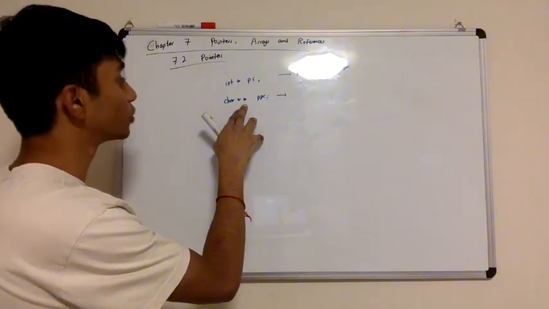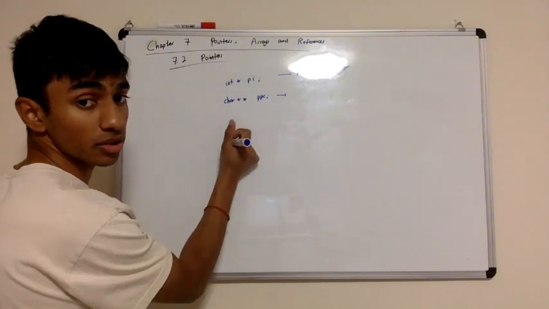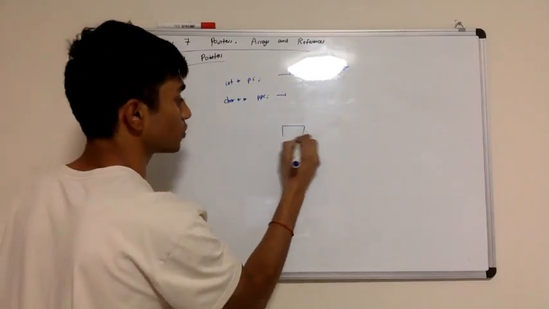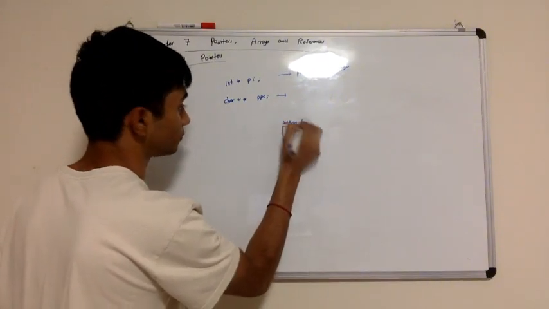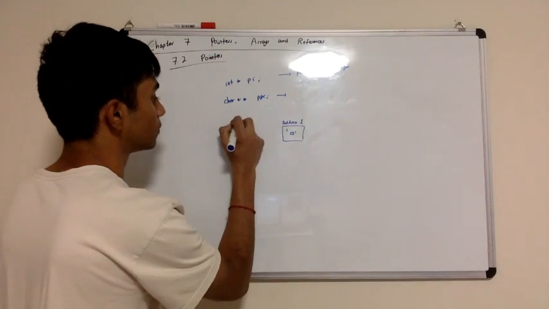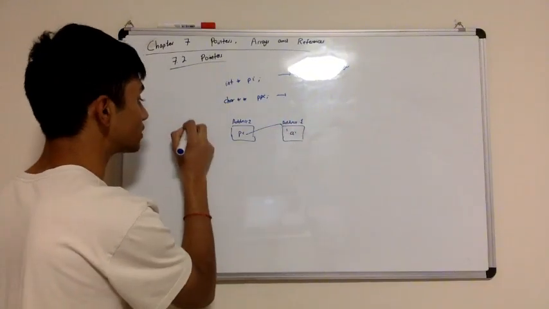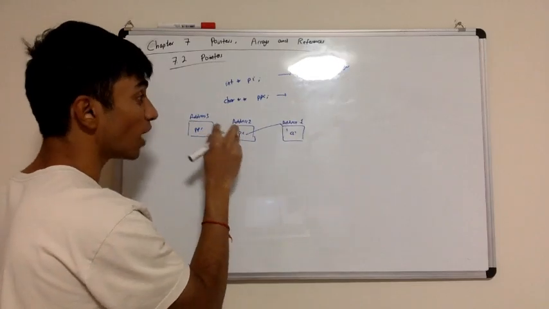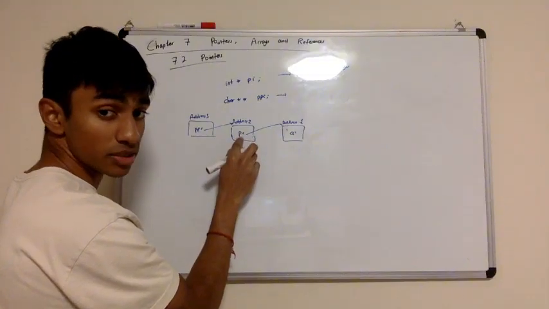Well, there are 2 stars, so you can imagine that it's a pointer that points to a pointer that points to a char. The way I would probably describe this is, imagine you have a char, lowercase a, with some address 1, and then imagine you have some other pointer, we'll call it pc, not ppc, and the value of pc is address 1, which lets us access a. ppc, which would have its own address, we'll say address 3, would store the address of the pointer that points to a.